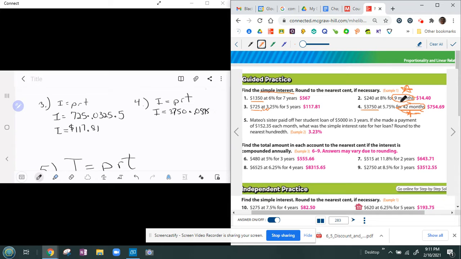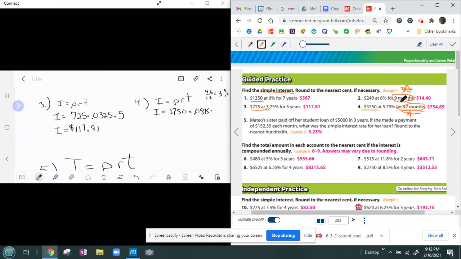And now we have to convert the 42 months into years. And we can do that by doing 42 divided by 12. All right, so I know that it goes in 3 full times, which gives me 36, remainder of 6. So that's 3 6/12, which is 3.5.